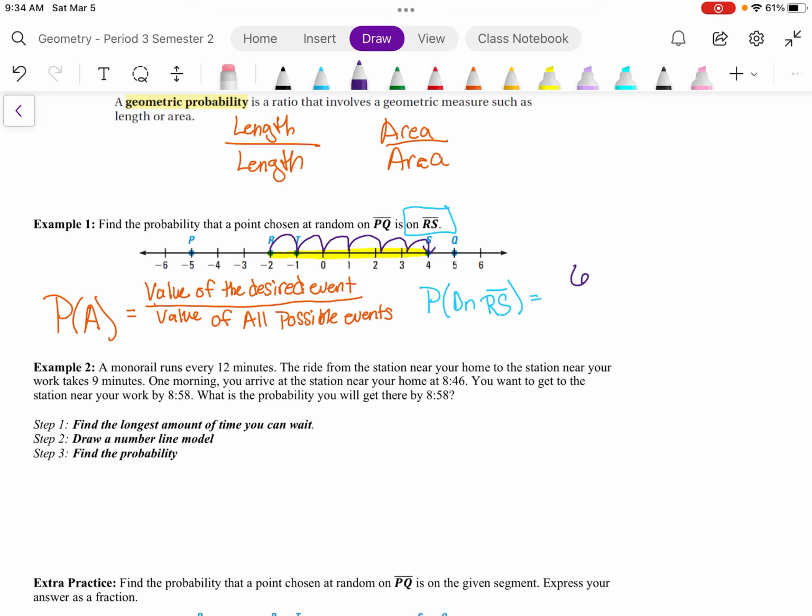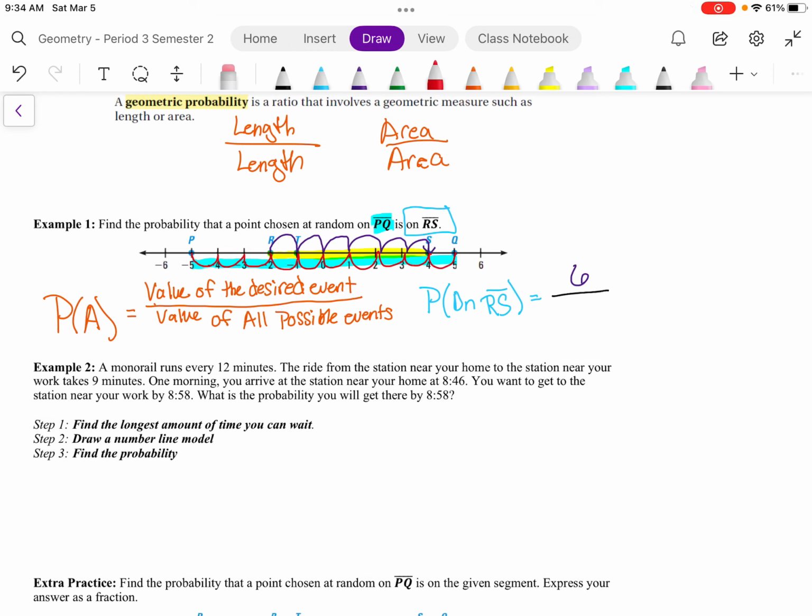Now, we are going to look at the total possible outcomes, or the value of all possible events. And that is that it just lands on PQ. So we're going to count the length of PQ as well. So when we do that, we're going to go 1, 2, 3, 4, 5, 6, 7, 8, 9, 10.